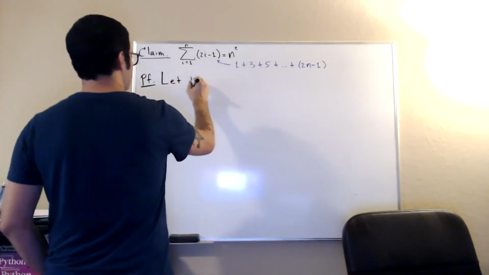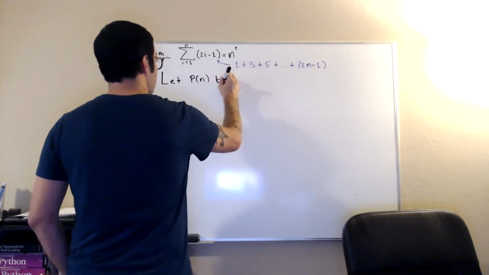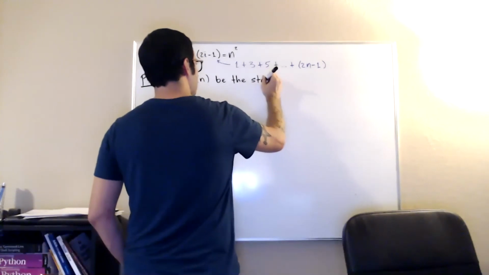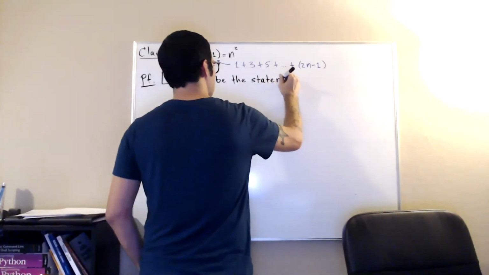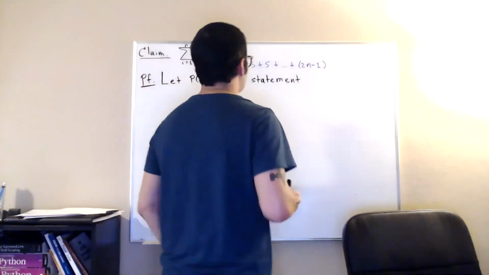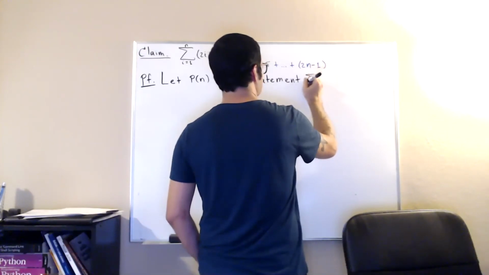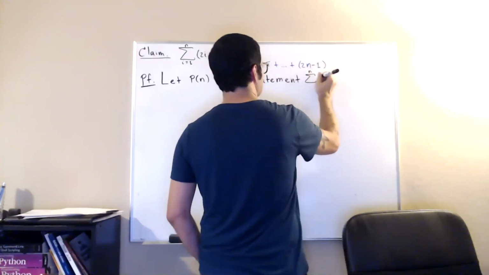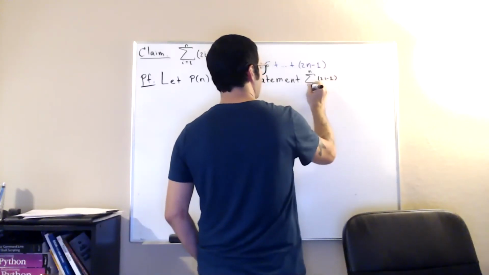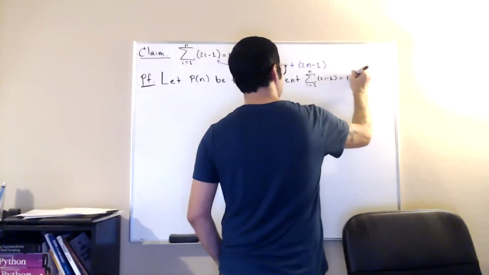Let P of n be the statement: the sum up to n of 2i minus 1, i equal to 1 to n, equals n squared.